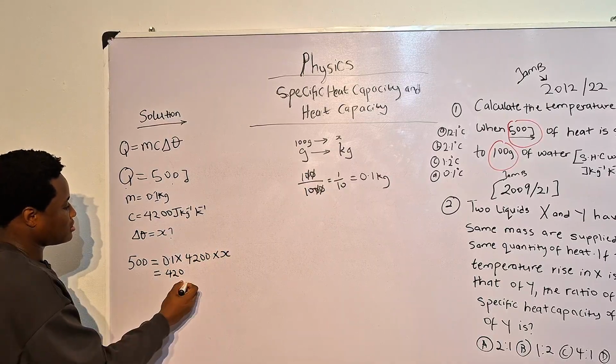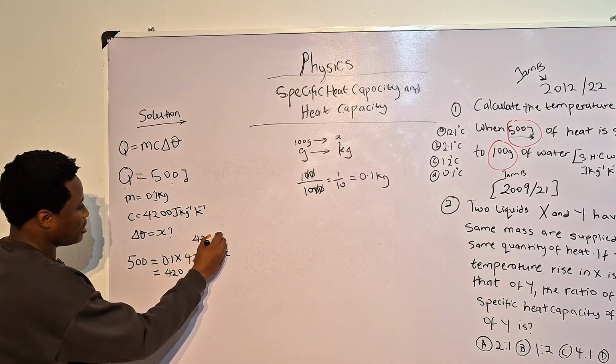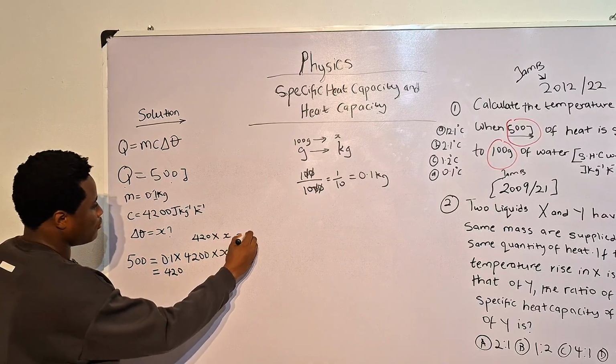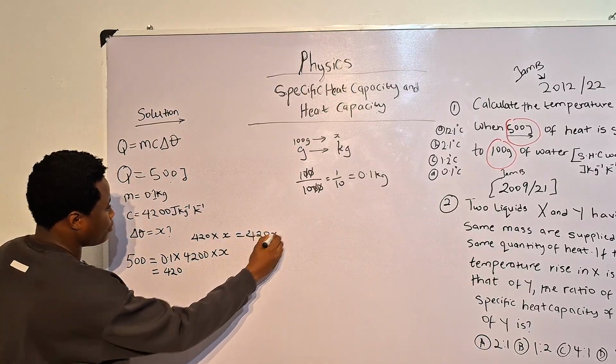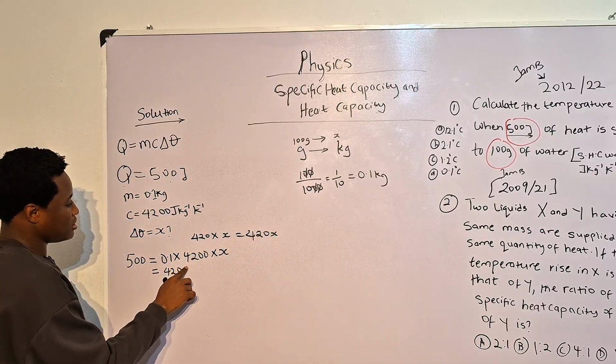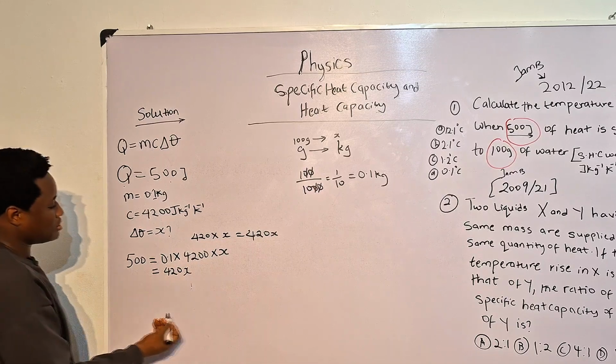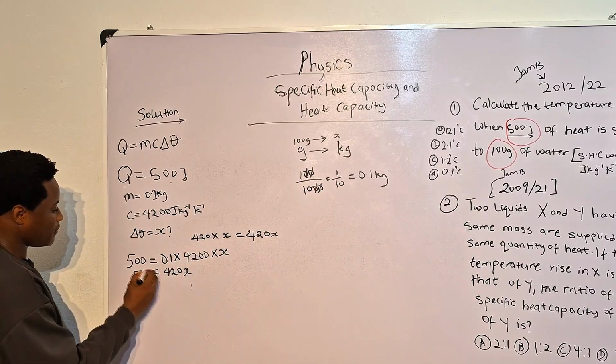So 420 times X is 420X. Remember, this is our 500.